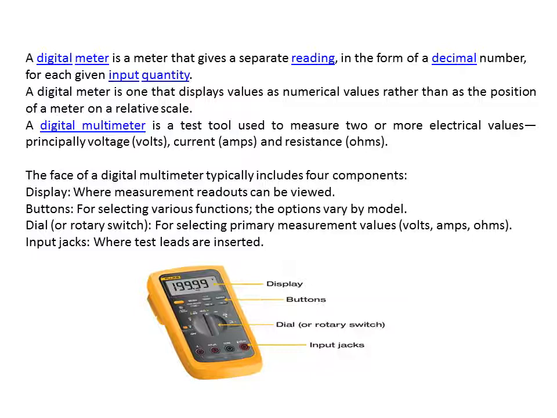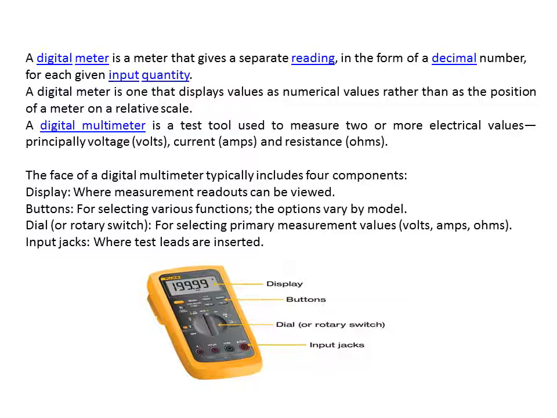A digital multimeter is a test tool used to measure two or more electrical values, that is voltage, current and resistance. That is voltage in volts, current in amperes and resistance in ohms. The face of a digital multimeter includes four components. Display, where measurement readouts can be viewed.